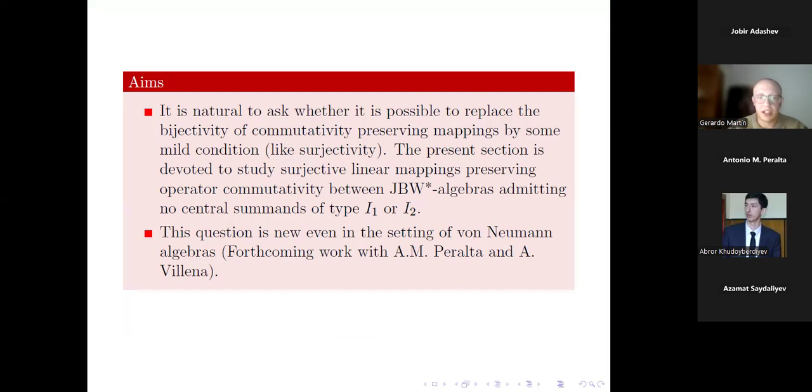So the present section is devoted to study the surjective linear mappings preserving operator commutativity between GBW-star algebras admitting no central summands of type I1 or I2. This question is even new in the setting of von Neumann algebras, and the results of this section, and also the ones related with von Neumann algebras, are a forthcoming work with Antonio Peralta and Armando Villena.